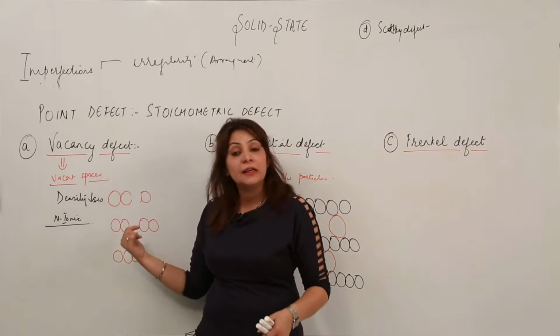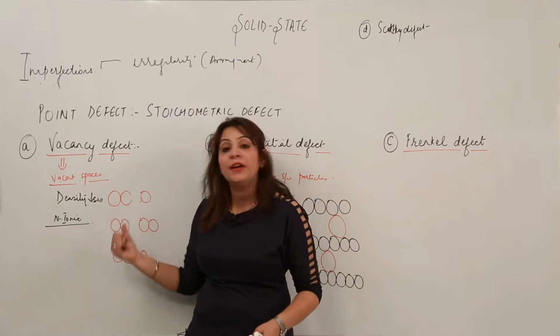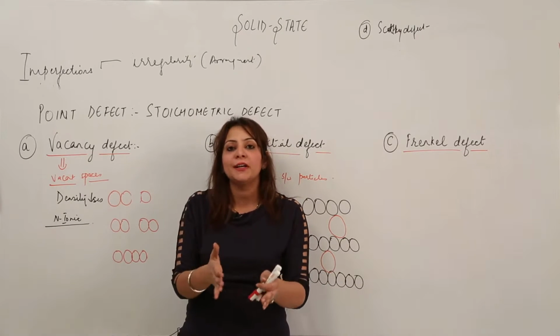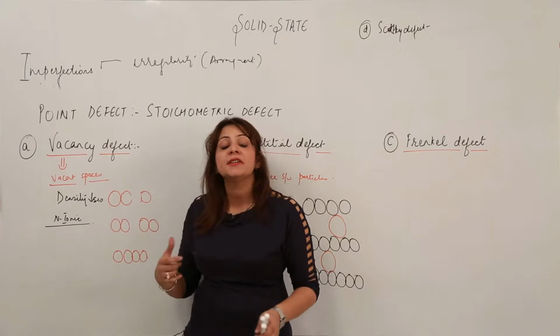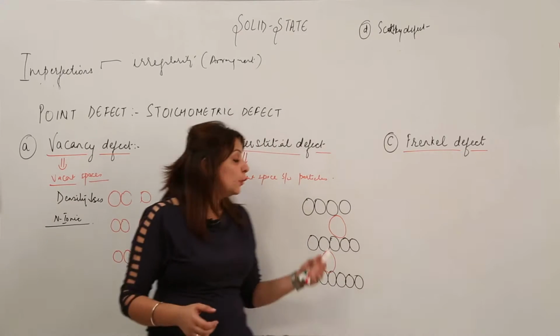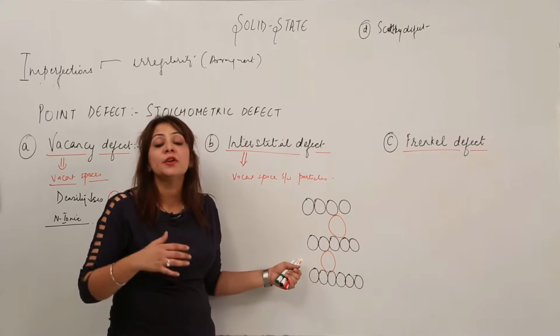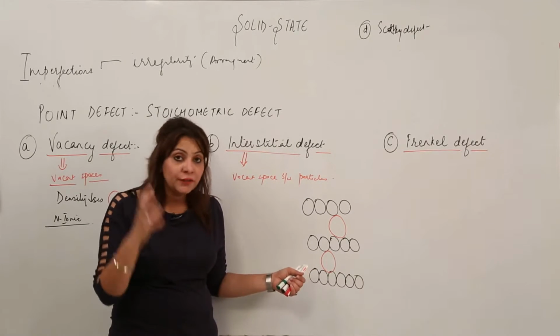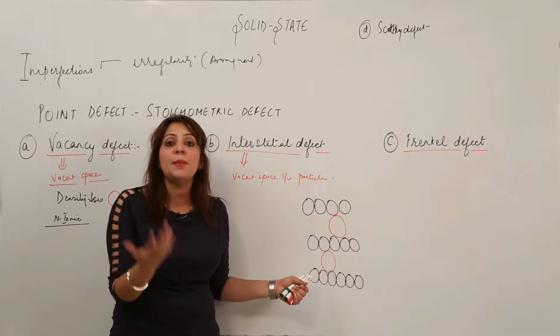There, in the vacancy defect, we saw vacant spaces, meaning the particles were missing. If the actual number of particles should be 10, but due to vacant spaces it was 7, suppose. Here, the particles should be 10, but they are not missing from their position, and extra particles are there.